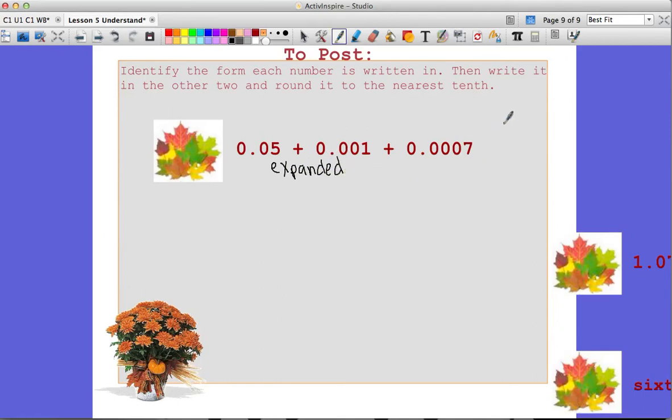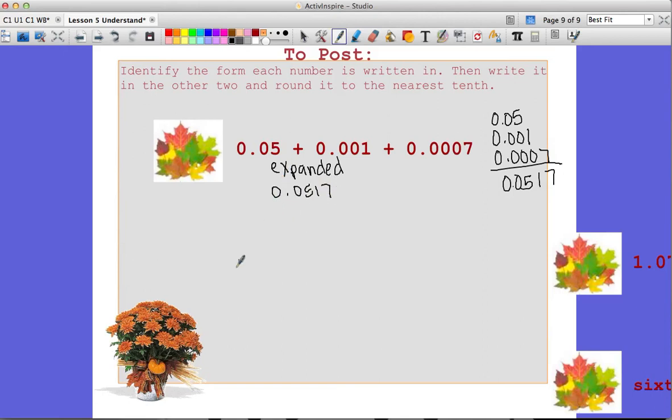To write it in standard form, I actually have to take these and line them up and add them together. Okay, so here's my number in standard form.